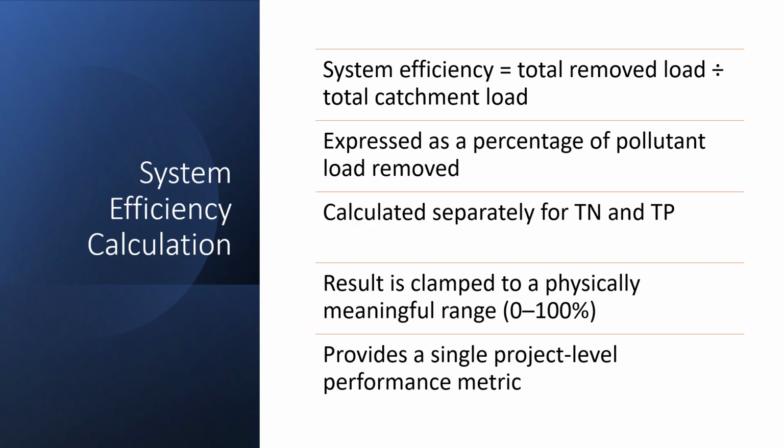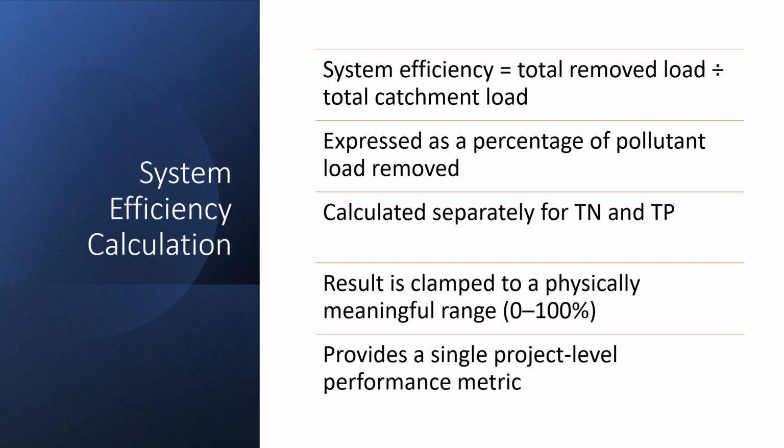System efficiency is the headline metric that summarizes a project's overall water quality performance. It is calculated by taking the total removed pollutant load and dividing it by the total catchment load, then expressing that result as a percentage. This calculation is performed independently for both total nitrogen and total phosphorus, giving engineers a separate efficiency figure for each pollutant.